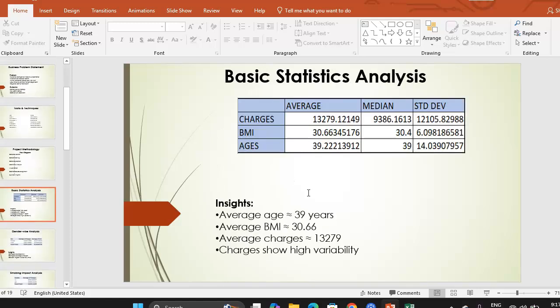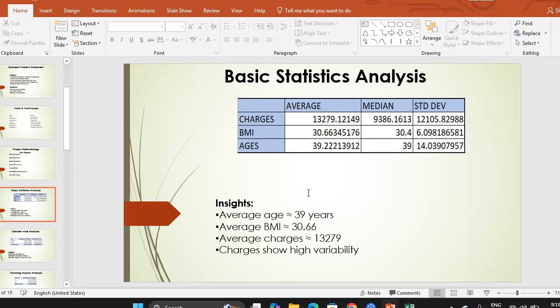These are the basic statistical analyses. The first analysis focused on understanding the overall characteristics of the dataset. The average age of beneficiaries is approximately 39 years. The average BMI is around 30.66, which falls into the obese category.